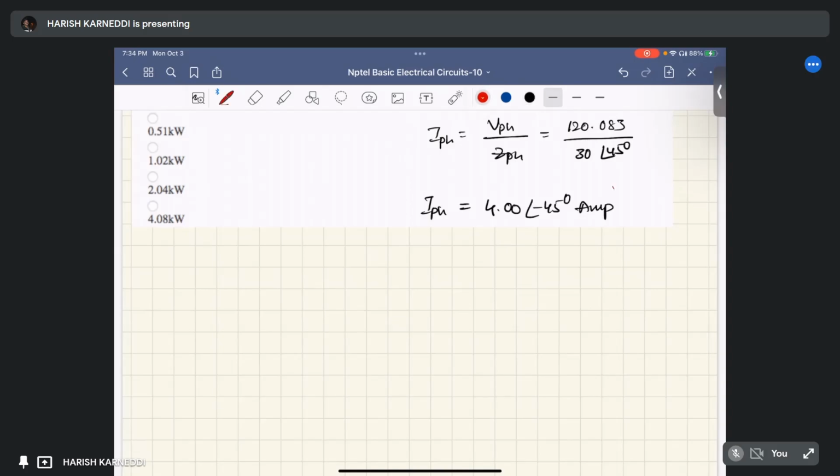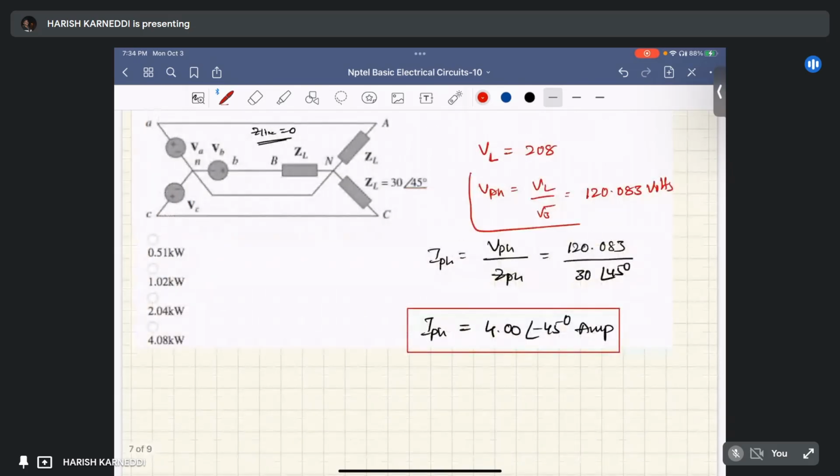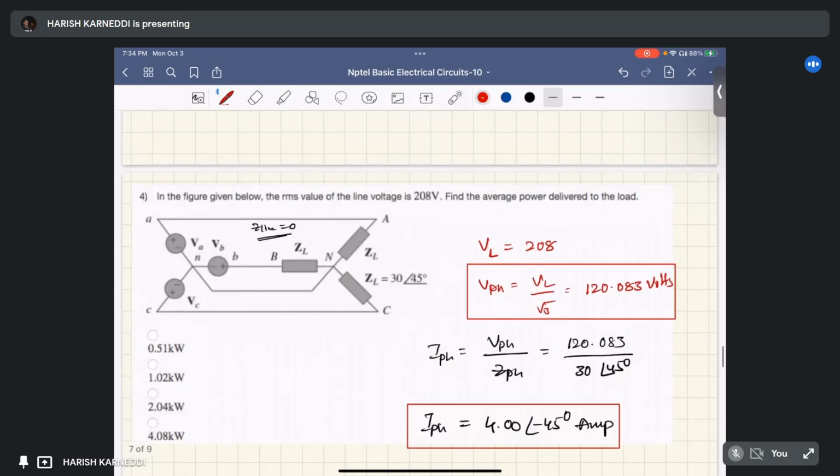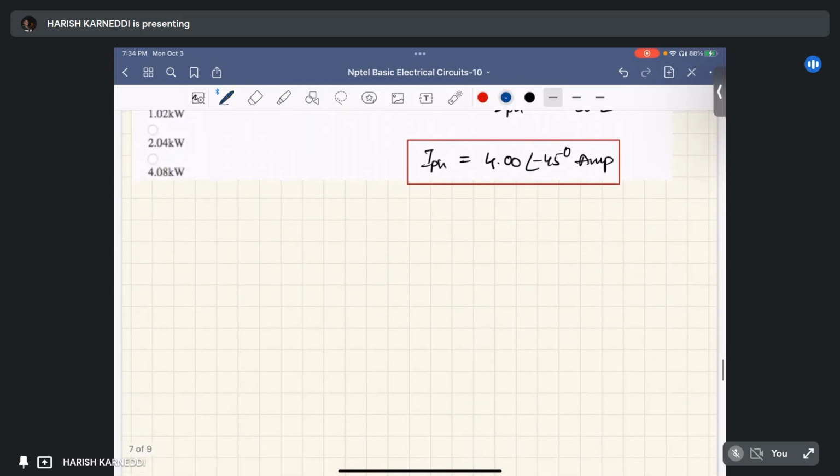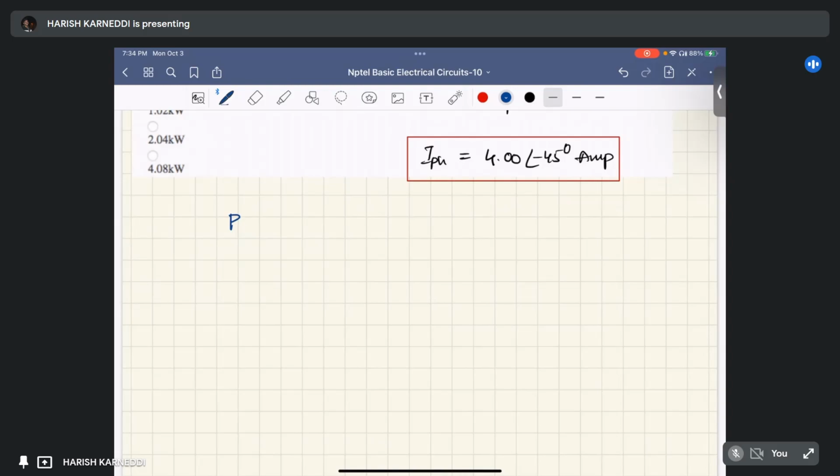We have the phase current and the phase voltage, so we can find the average power. Average power is nothing but active power. It is a balanced source and balanced load, so it is 3 into V phase into I phase into cos phi.